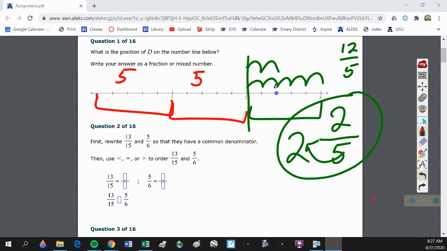So what we're saying is we have 2 copies of 5 over 5. Right? So 5 over 5 plus 5 over 5 is 10 over 5. And then I have to add the last 2, which is 12 over 5. Does that make sense? Okay.